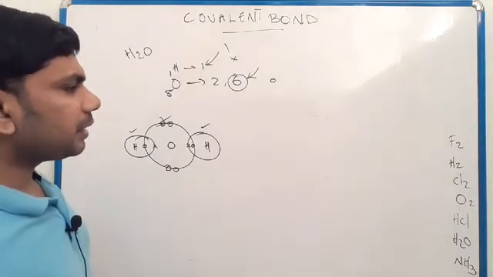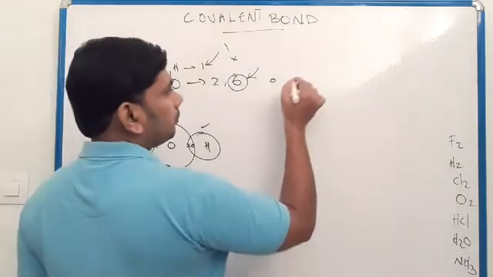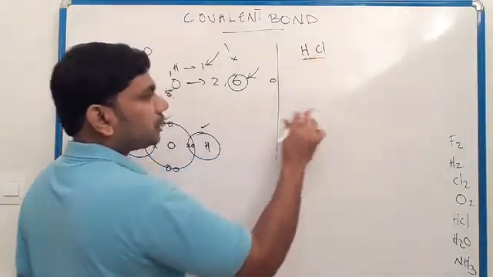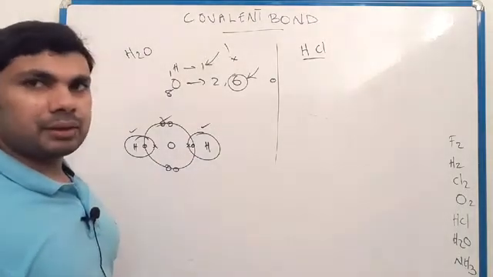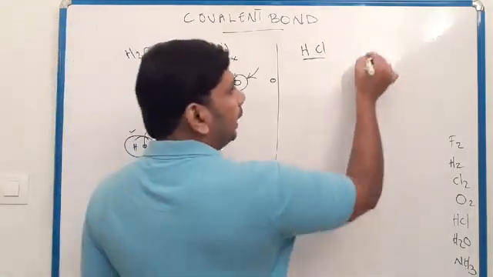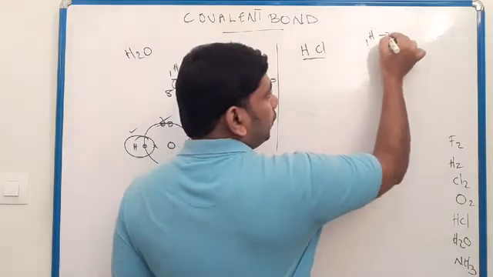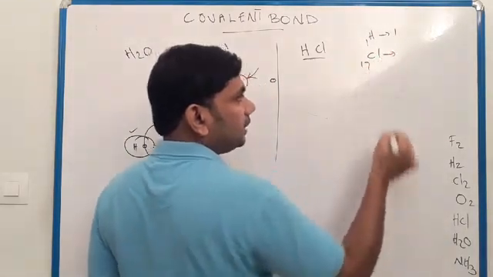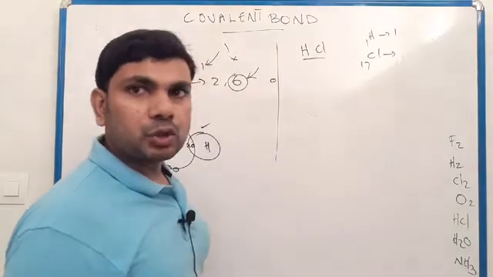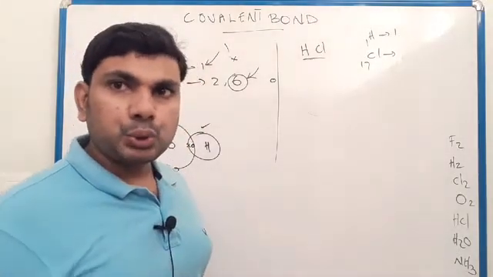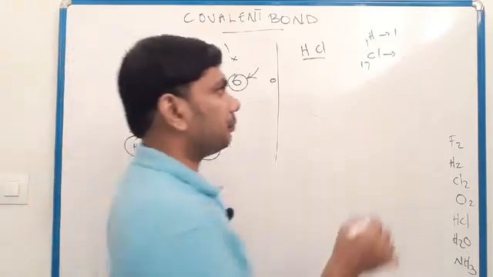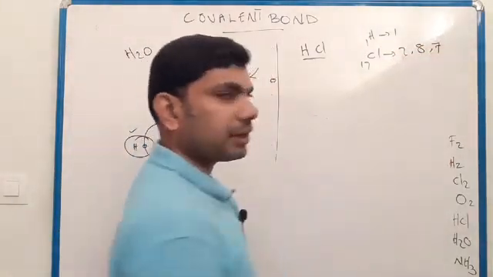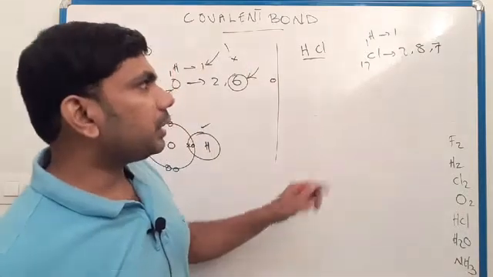See here another example, HCl. HCl means hydrogen chloride. Again here hydrogen atomic number 1, 1 electron, chlorine atomic number 17, 2,8,7.